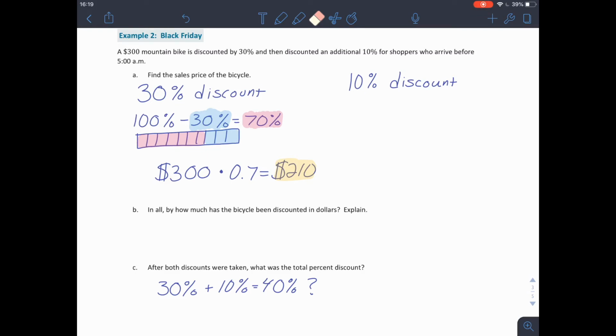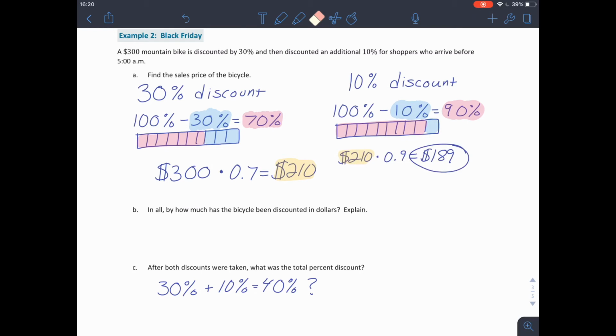Next, I need to find my 10% discount. In order to find my 10% discount, I need to first think about taking away my 10% from the whole. So 100% minus 10% means I'm paying for 90% of the price of the bike. But I'm paying 90% of the current price of the bike, which is $210.